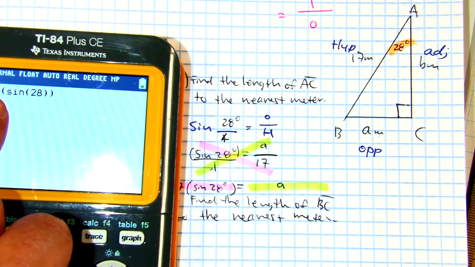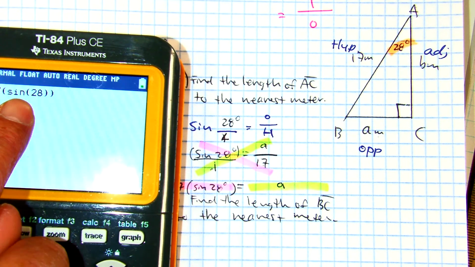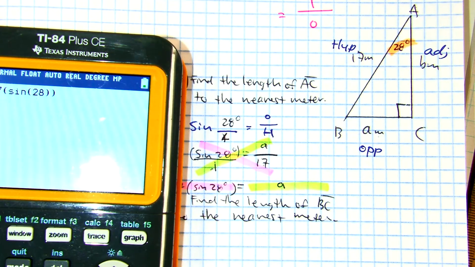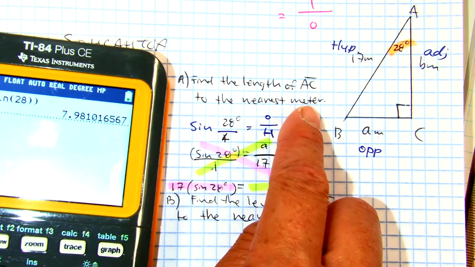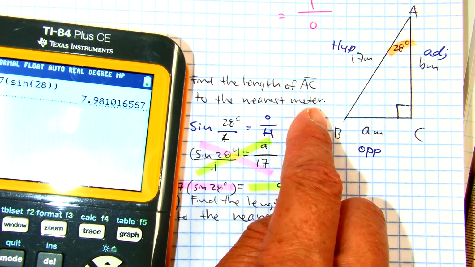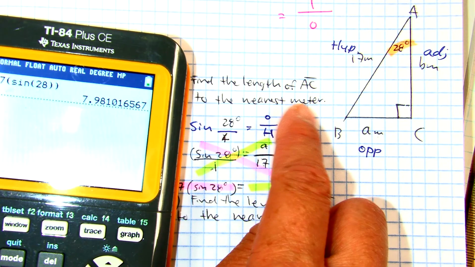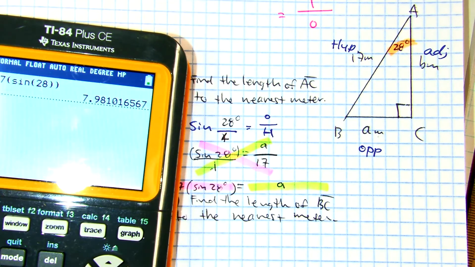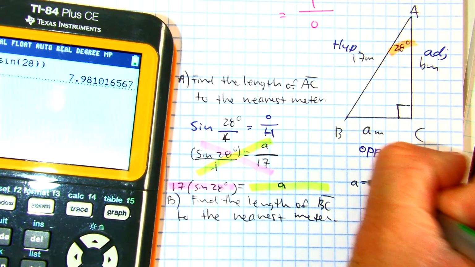Notice how I had to use one set of parentheses for times, and then it automatically opened one, so I want two more to close it. Now it tells me to round to the nearest meter. Nearest meter is a decimal or not? No, that's a whole number. So they don't want any change. They want dollar bills, so A is equal to 8.